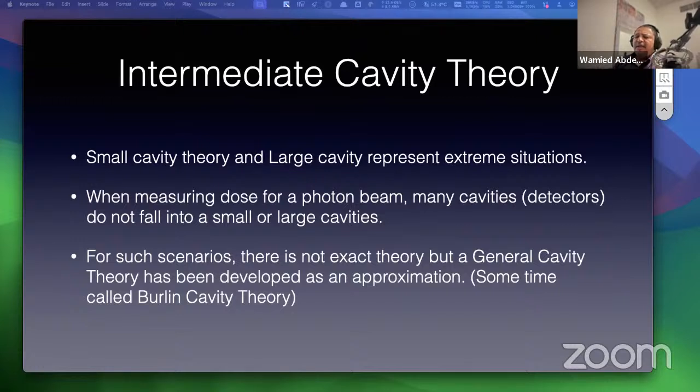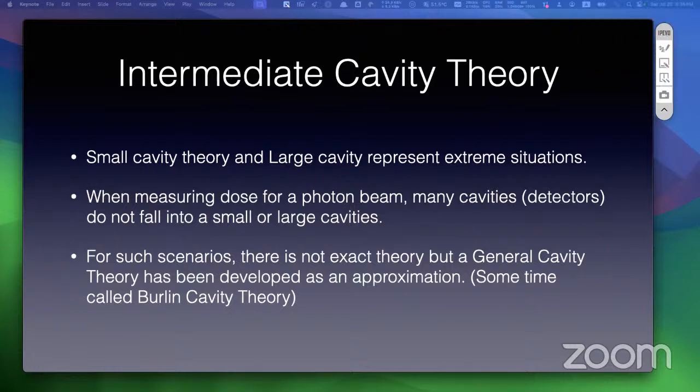So definitely the presence of the cavity perturbs the fluence, even in small cavity theory. But what we're talking about is an ideal situation. So if the presence of the cavity does not perturb, then we can apply the small cavity theory or the large cavity theory.